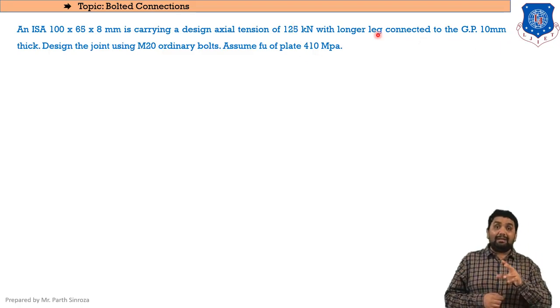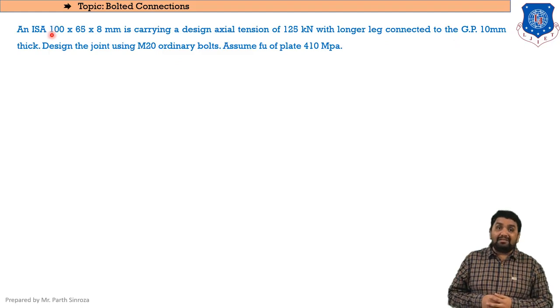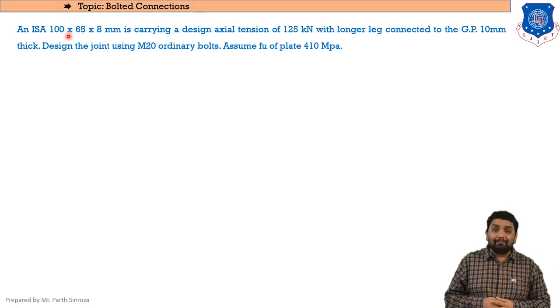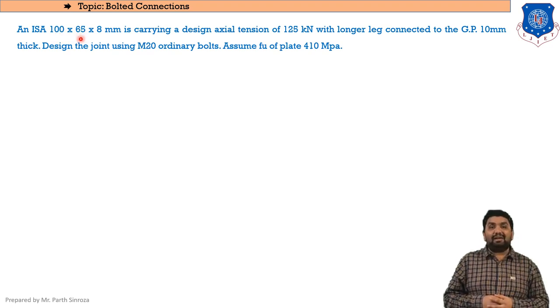Keep in mind here the dimensions of the angle are given as unequal. The first dimension is 100 mm, the second is 65 mm. So the longer leg, the vertical leg, is 100 mm, and the shorter leg, that is our outstand leg, is 65 mm, and the thickness is 8 mm.